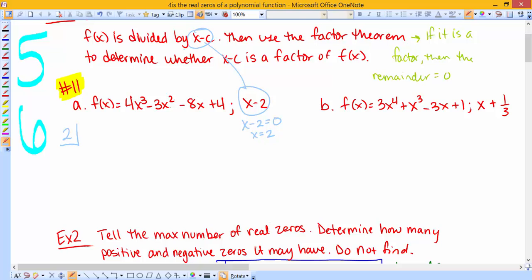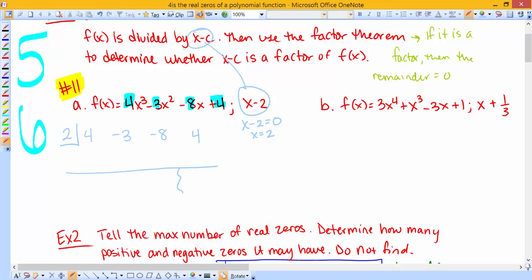Now to set up the synthetic division, you will use each of your coefficients. And remember, if something's missing, you must use a placeholder. So this is 3, 2, 1, none, so nothing is missing. So I put 4, negative 3, negative 8, positive 4. Leave some room to write.